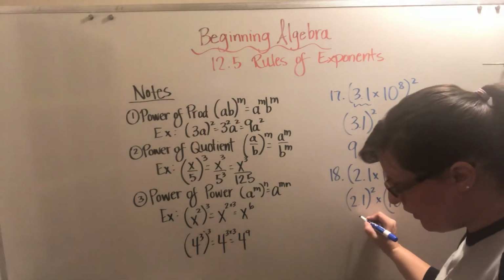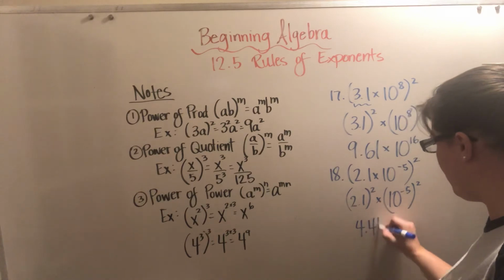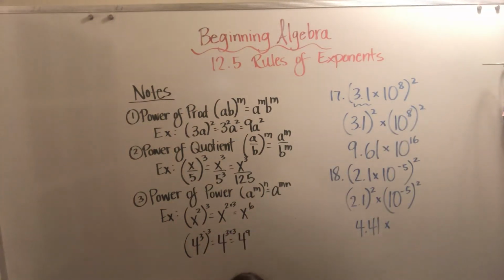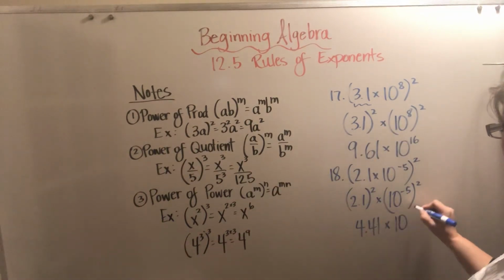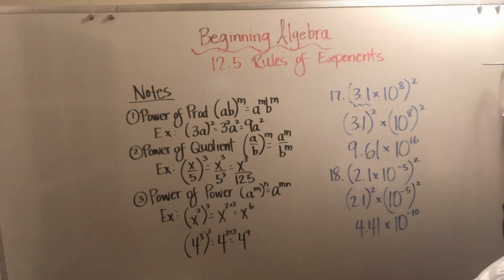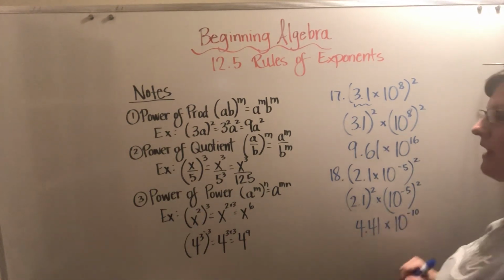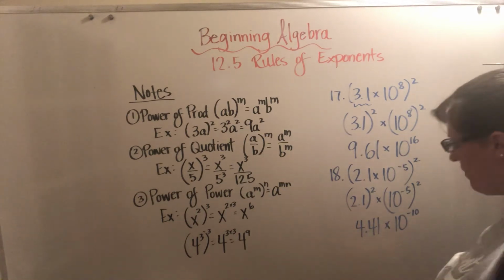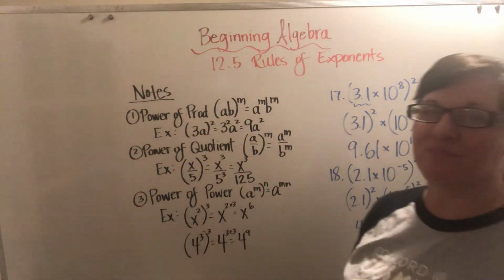Okay, 2.1 squared, I get 4.41. I multiply that other portion out and I get times 10 to the negative 10. Now in this case it says write your number in scientific notation. Scientific notation can have a negative exponent, and you've had some experience with that. So you can leave those in scientific notation in that form.